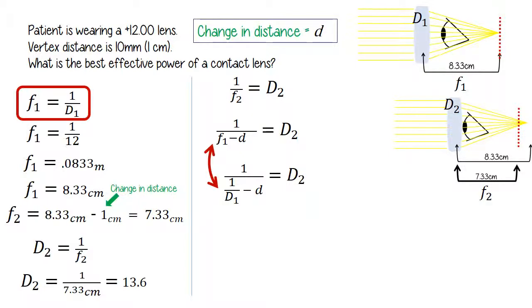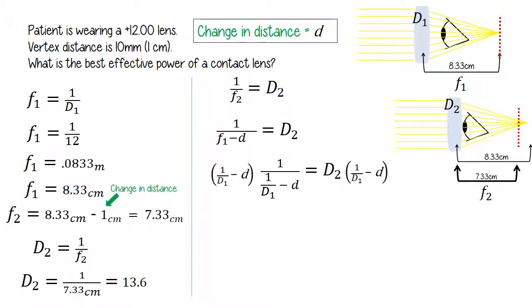They don't know that they have a focal length of 8.33 centimeters, but they do know the power of their glasses, and if they don't, we can certainly find that out quick enough on a lensometer. So most people would know, for instance, that their lenses are a +12, but we wouldn't know our focal lengths. So we're going to have to substitute in there 1 over D1.